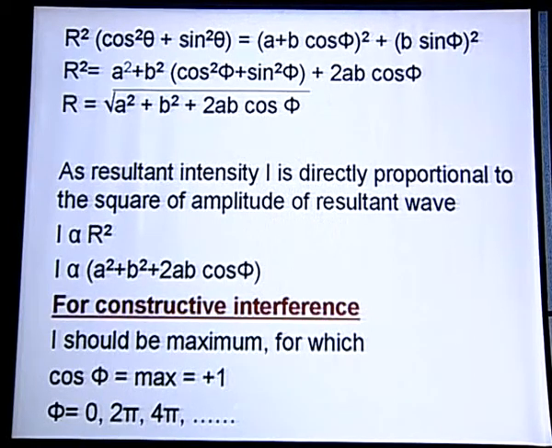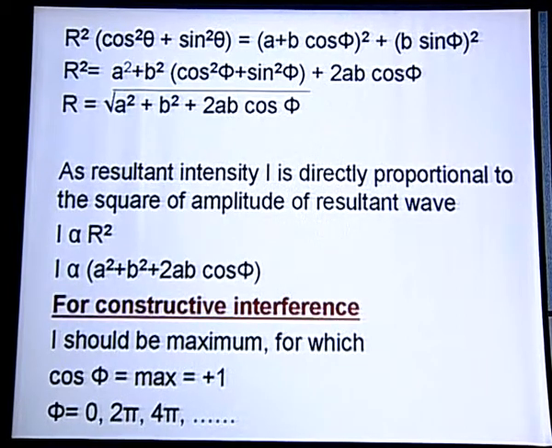Now, what are the conditions? We have seen that there is a constructive interference, and we have seen there is a destructive interference. So it means there may be some mathematical conditions that we have to keep in mind, right. Where there is a constructive interference, the crest of one and the crest of the other overlap, and you will get maximum intensity.